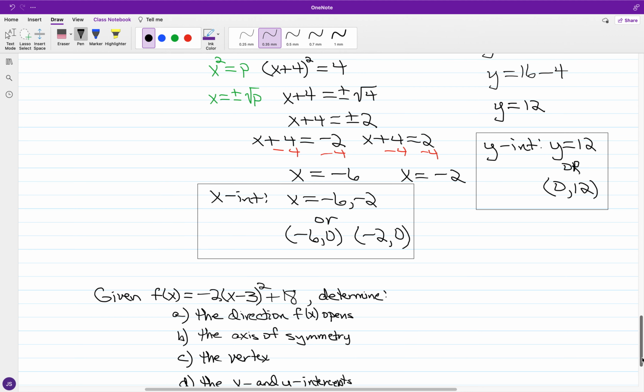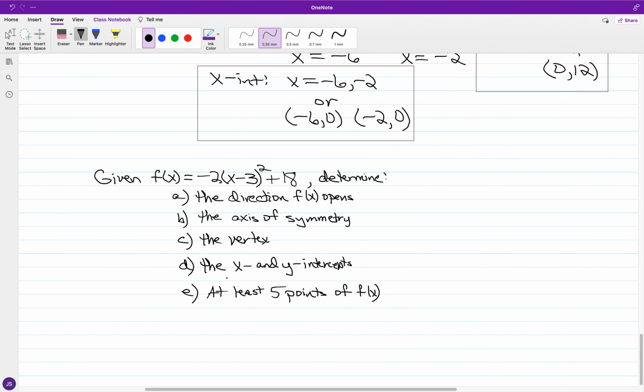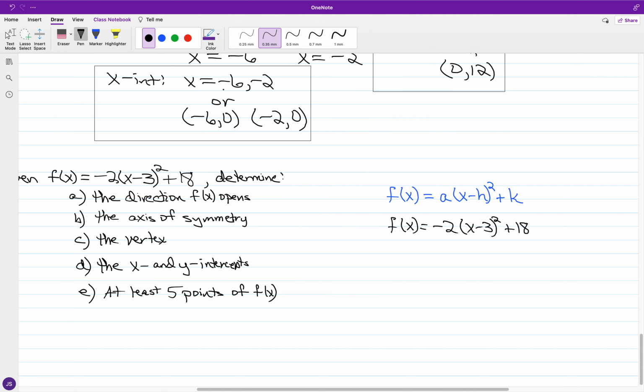Let's see what we get for the direction that f of x opens, the axis of symmetry, the vertex, as well as the intercepts, and at least 5 points on the graph of this function. We'll discuss in the next few minutes.